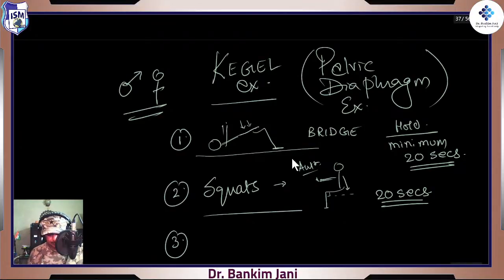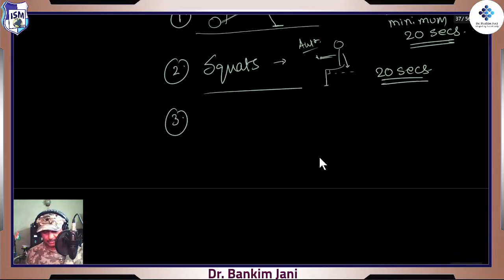And third is, say, on all fours, right? Your hands, your legs, and then right hand and left leg. So the position would be something like, let's say this is the left leg, then the right hand, right?